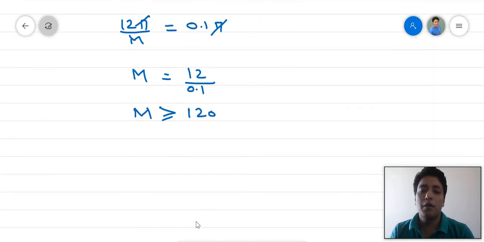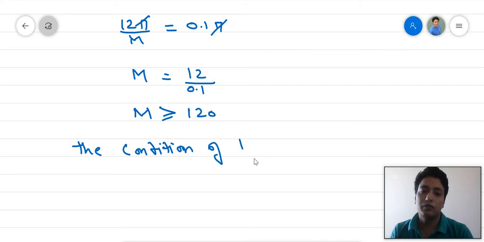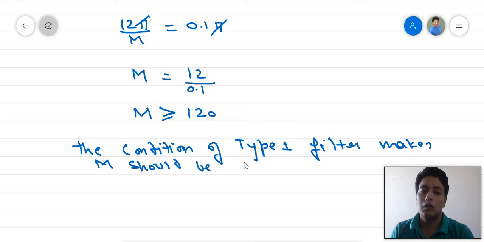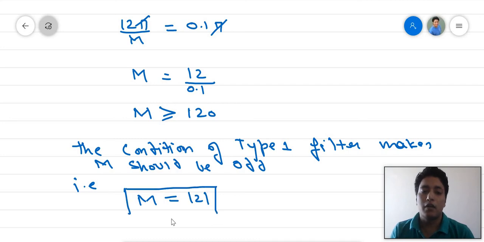Now the condition of a type 1 filter makes M odd. That means M is equal to 121, which we have taken.